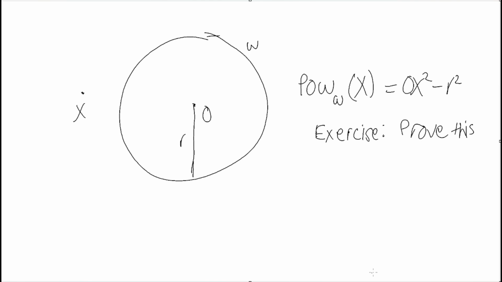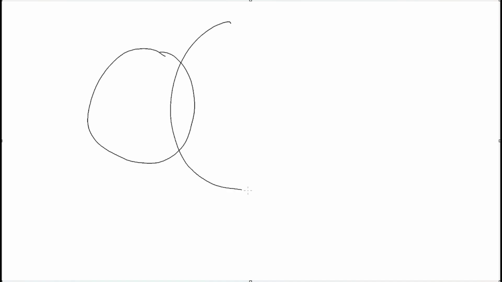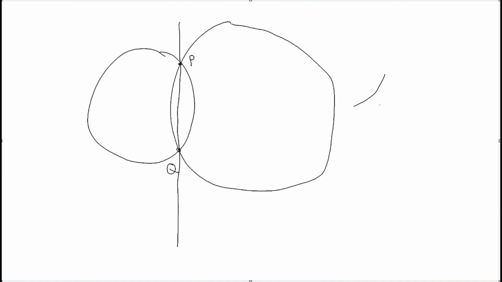All right. So with power of a point introduced, we can now move on to radical axes. Now at some point you might have noticed that if we have two circles instead of one, and they intersect at P and Q, then any point on this line PQ has equal power with respect to each circle.